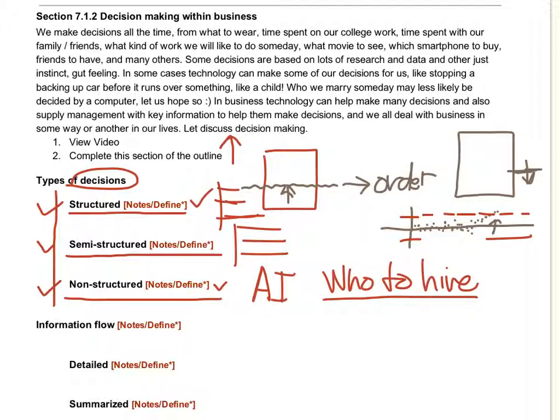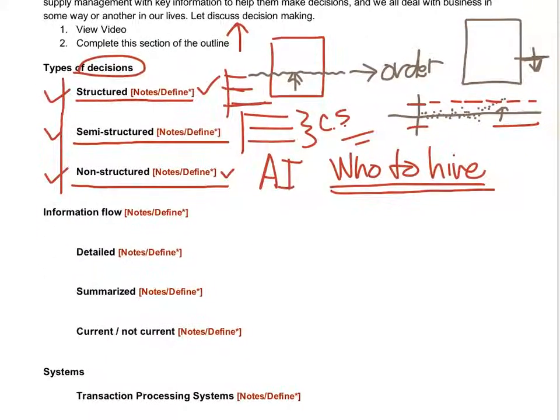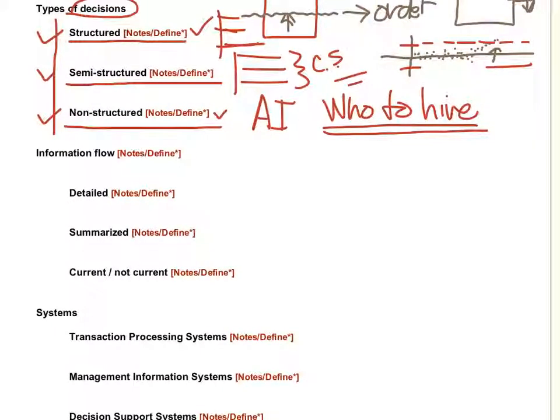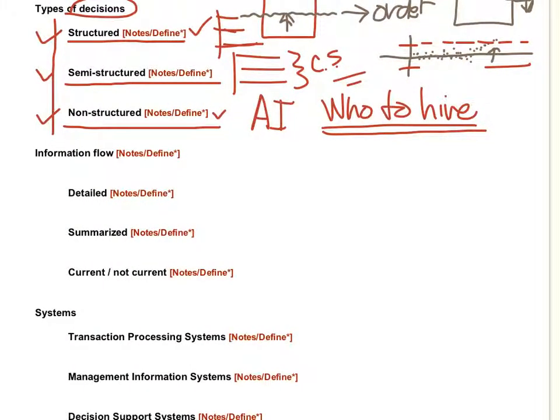Semi-structured, well, their degree could be in computer science, but we would also take maybe math or something else. Then eventually some items are going to end up being a non-structured decision on who to hire. Boy, how do you like all that? Let's move forward. I think most of you could probably think of lots of decisions in your life that fit into those different categories.